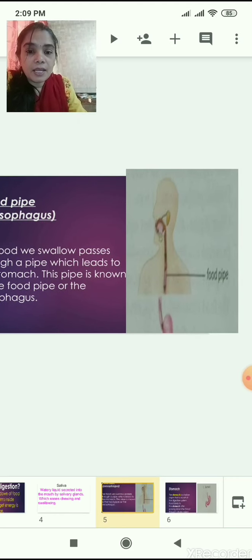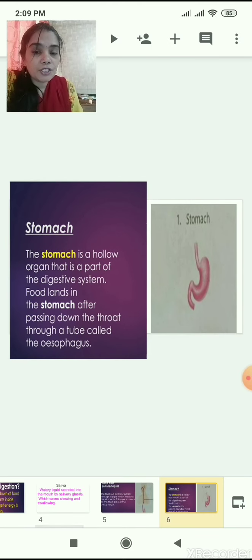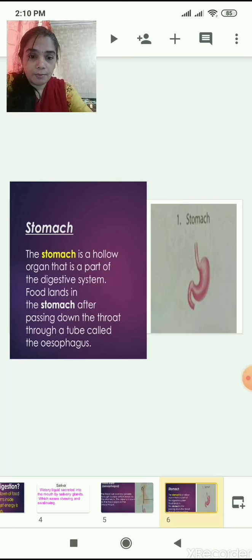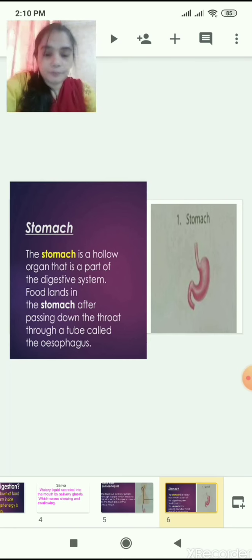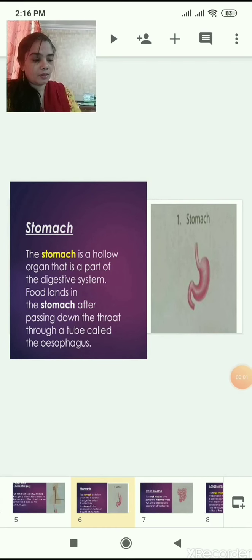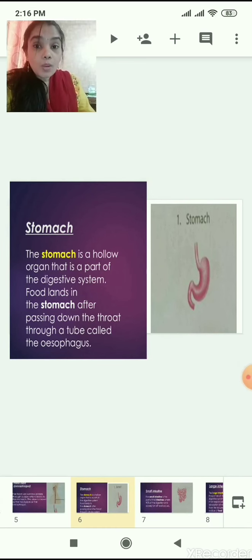Then from there it reaches the stomach. So children, today we are going to learn the digestion process in the stomach.